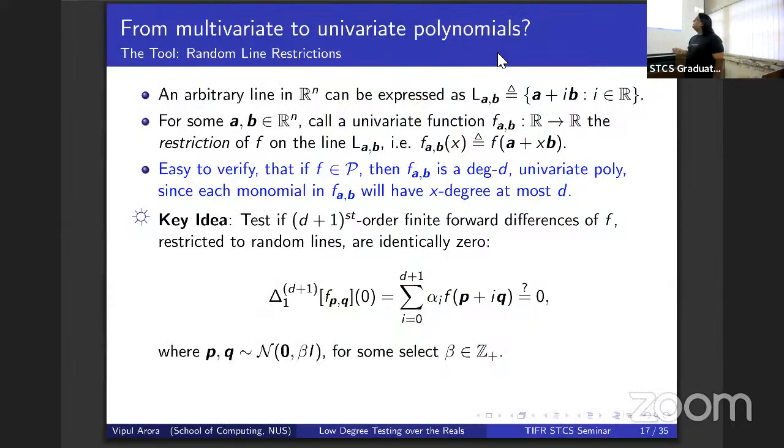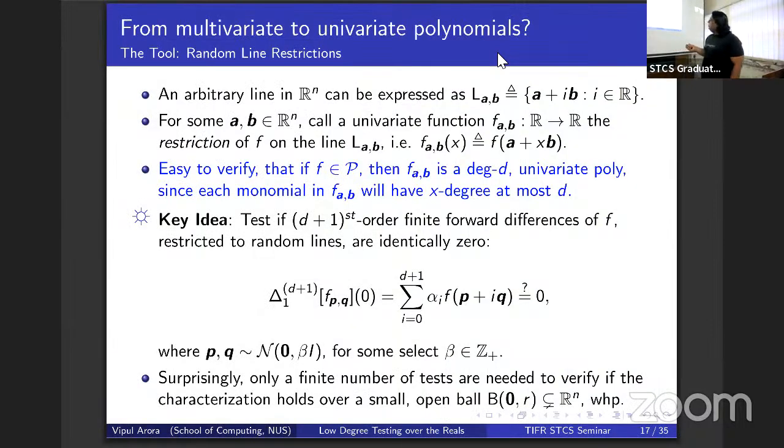Using all this, the key idea is to test whether the D plus first order finite forward difference operator of f restricted to random lines is identically 0. So you take Gaussian random points p and q, and you test whether the D plus first order finite forward difference of f_pq with the offset h is equal to 0 or not.